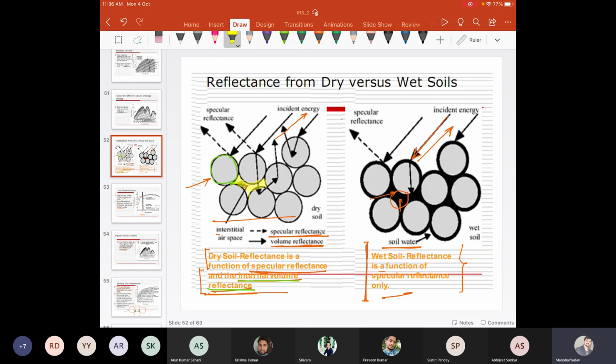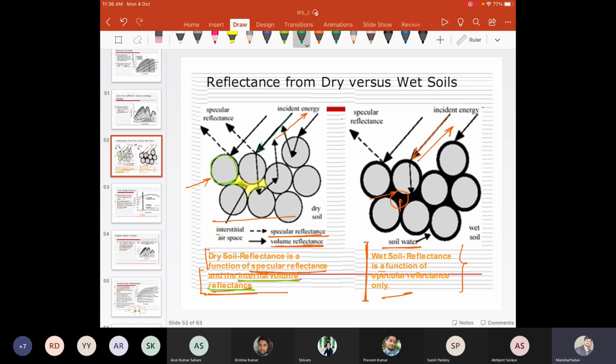Internal volume reflectance means once the incident energy interacts with the surface of soil, immediately part of the energy is reflected back, but the remaining part is absorbed or transmitted.